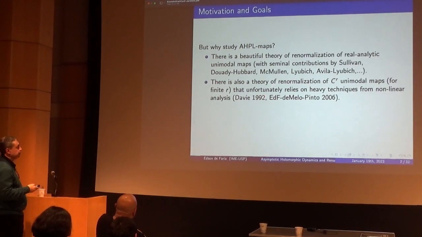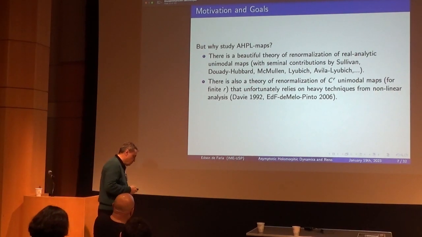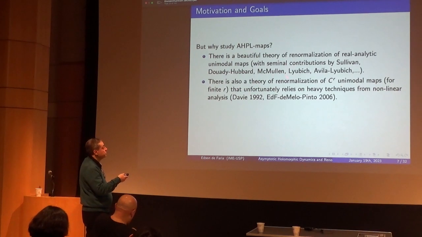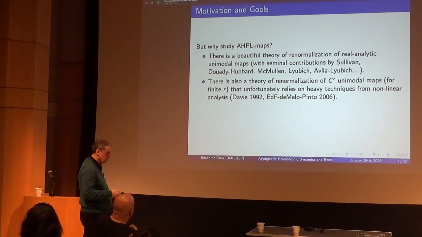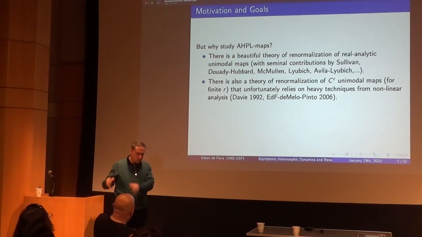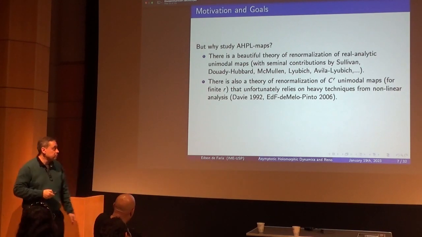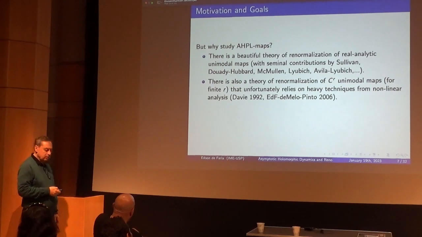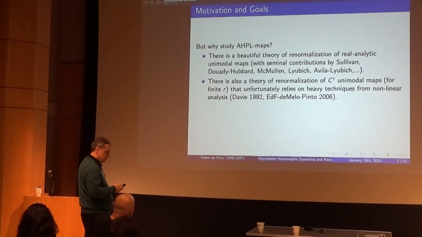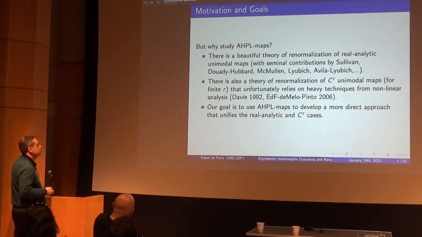Then, in collaboration with Wellington de Melo and Alberto Pinto, we wrote a paper where we used some of Davy's ideas and combined them with a lot of what's in Lubitsch's work, to transfer this hyperbolicity from the real analytic world to the CR world. But the problem with this paper is that it's very ugly. I don't like it. It's 100 pages. I was never happy with that.